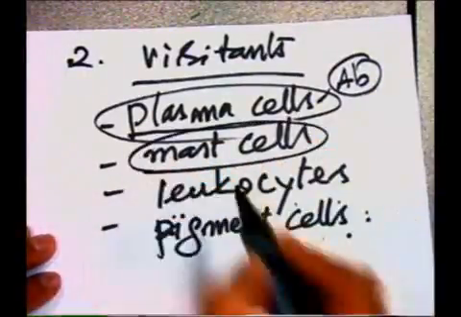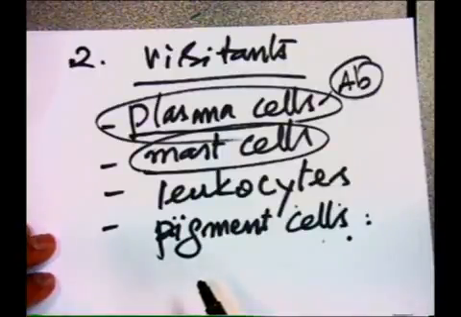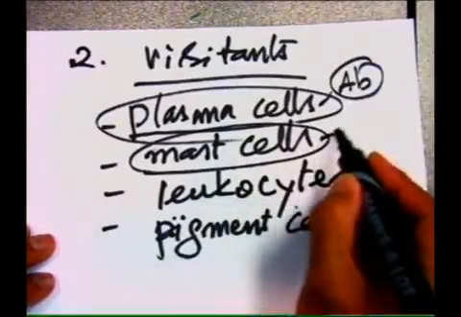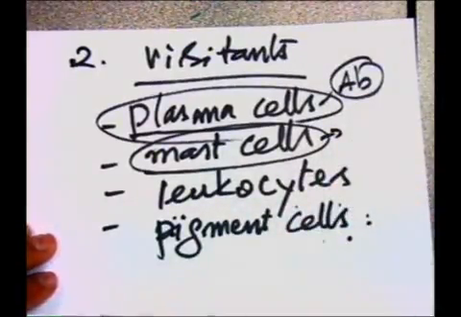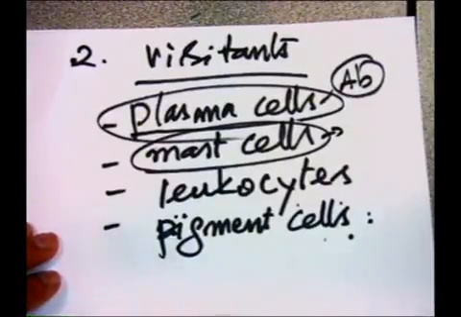Also, mast cells will come if there is any injury to the tissue. Nearby mast cells will release histamine, giving a 911 call to the body to send more blood flow to that particular region, the site of inflammation.